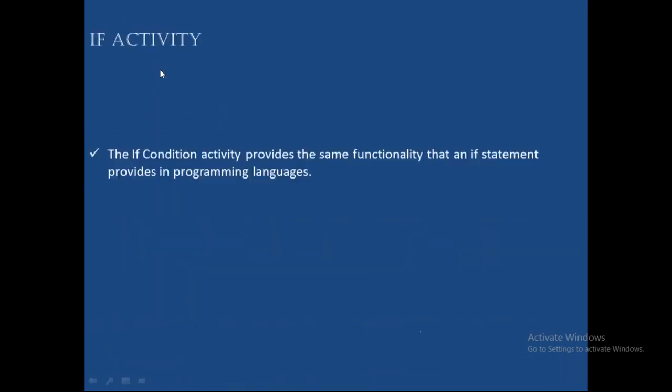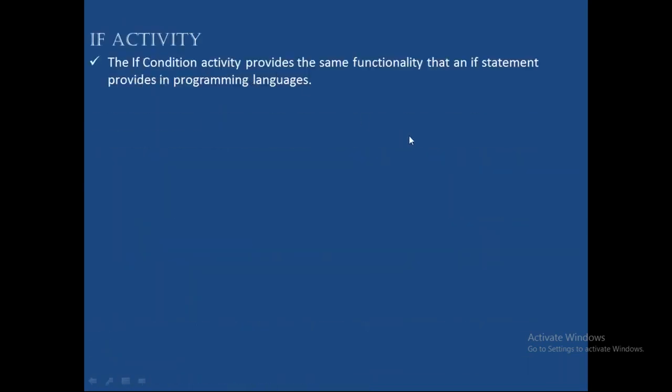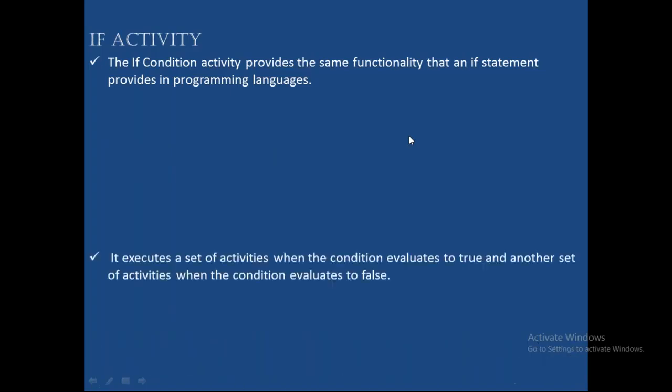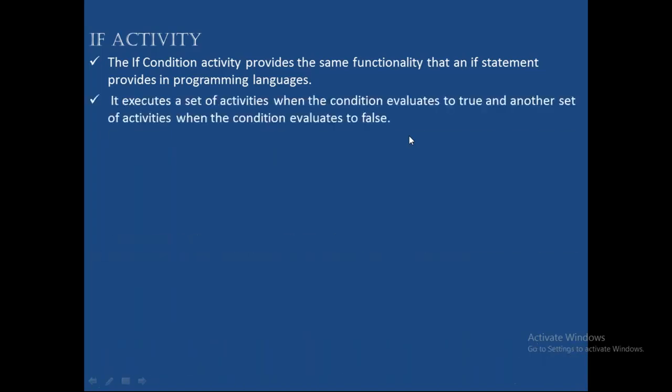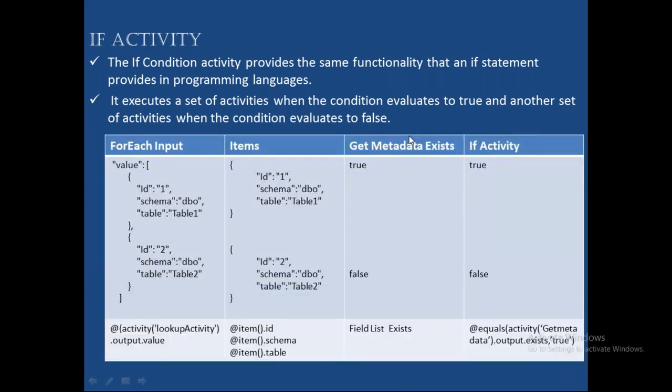If condition activity provides the same functionality that an if statement provides in a programming language, as we know. So it executes a set of activities when the condition evaluates to true, and another set of activities when the condition evaluates to false. That we have seen, right? So now you see, get metadata returned true, or get metadata returned false.